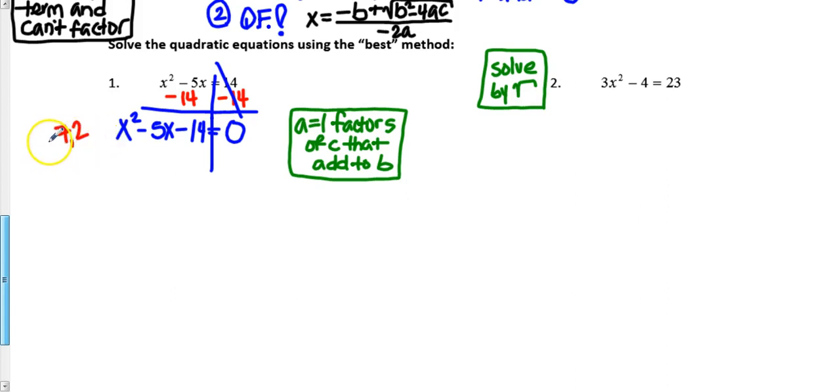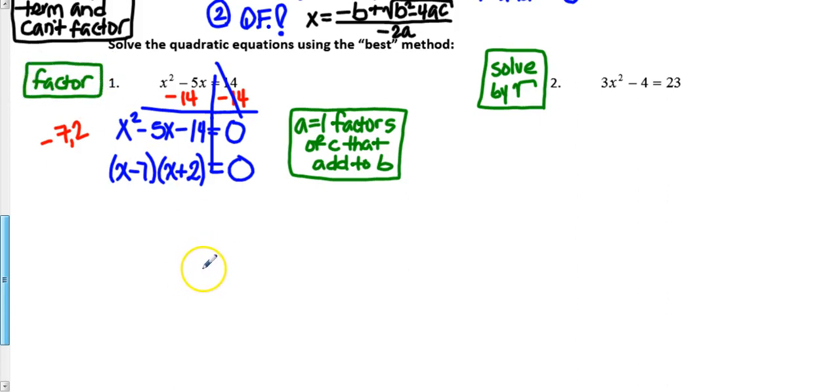If you're thinking or saying 7, I agree. So this will factor to be x minus 7 times x plus 2, and again, still equals 0. So next to number 1, I'll make myself a note that I was able to factor this.